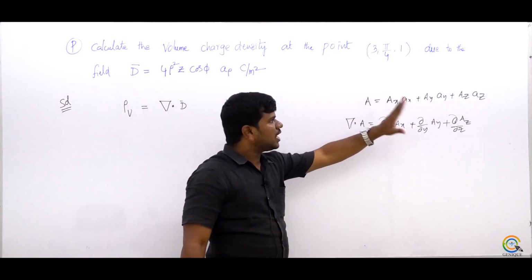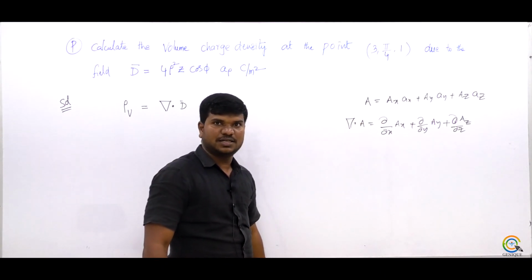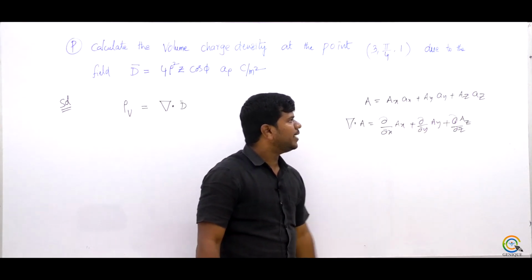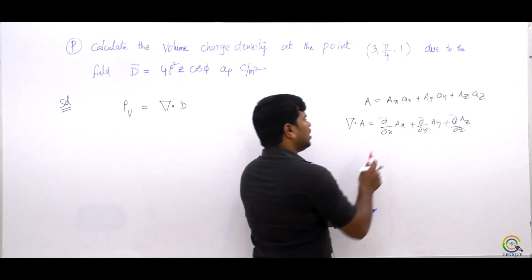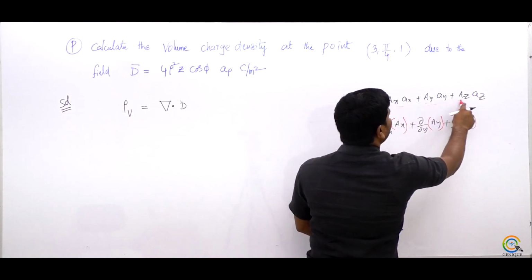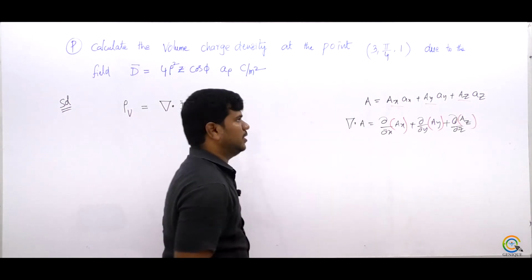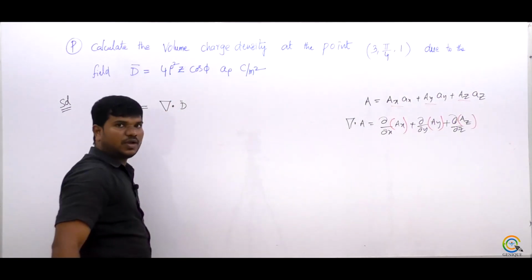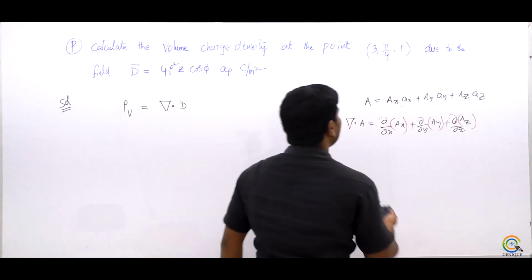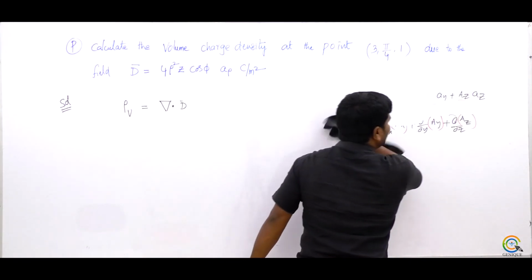If it is given in Cartesian coordinates, you can directly write dou by dou x of Ax, dou by dou y of Ay, dou by dou z of Az. You can partially differentiate each and every component. But it is not possible for the others, so you have to use the generalized formula.